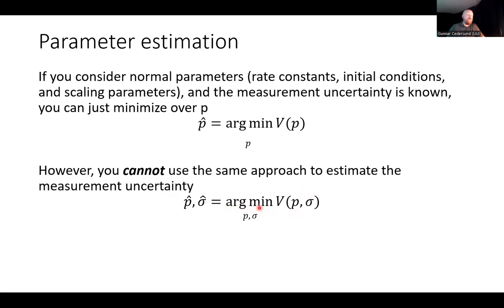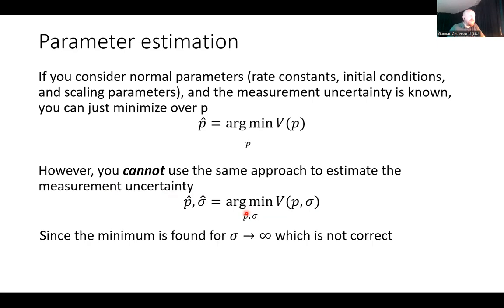So you just sort of minimize with respect to sigma, and then you use the normal cost function, and then you just take the sigma that gives the smallest value. And the reason for that is that you divide by sigma. So since you divide by sigma, you get the smaller cost function, the bigger the sigma. So just putting sigma go to infinity, then V will go to 0. So this is, of course, not the solution. Sigma should not be infinity. That's not the right answer.